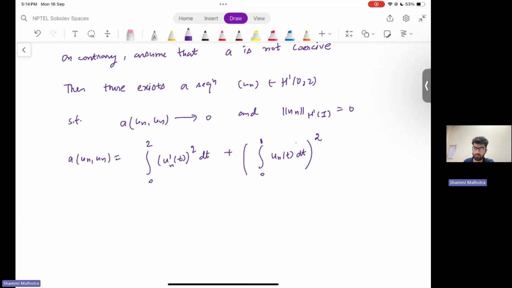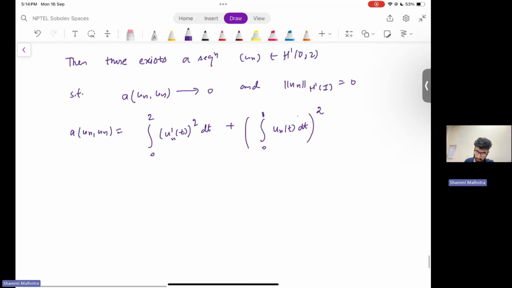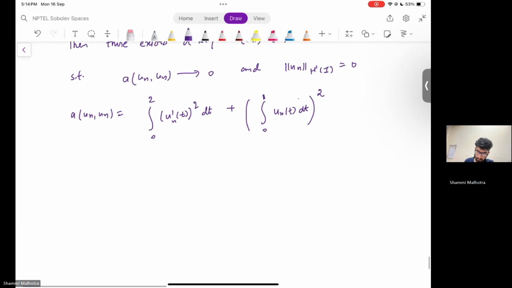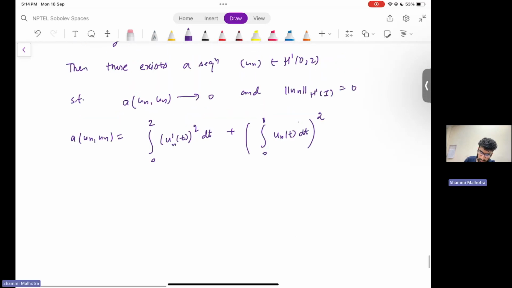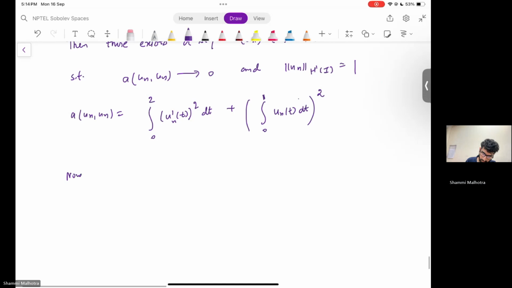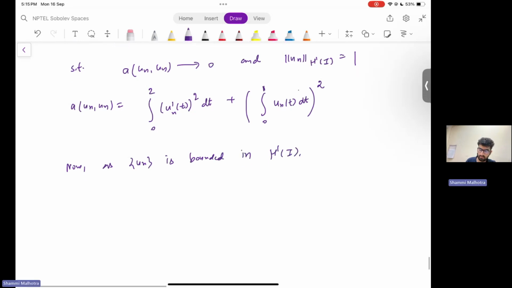So this is my whole A(u_n, u_n). So this whole thing goes to 0. And sorry, this has to be 1 only. Now as u_n is bounded in H1 of I, so then we have this thing.